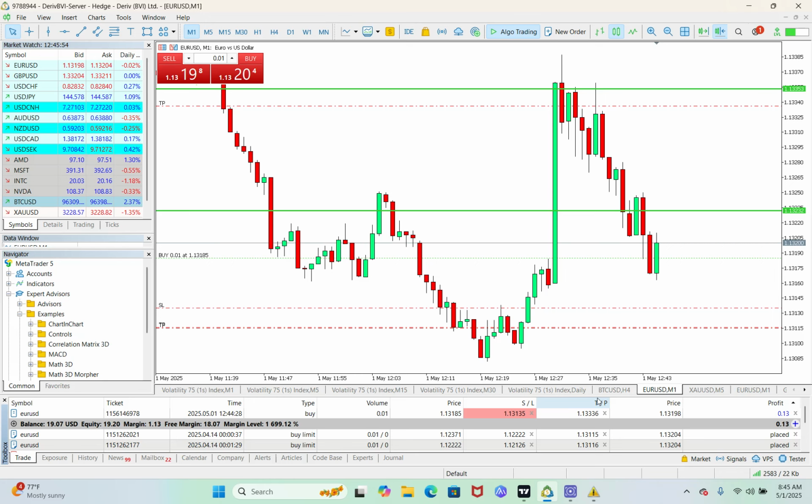So buyers are having trouble breaking through this structure right here. Sellers are resisting. Buyers are pushing, making a move to the upside. Sellers are resisting.